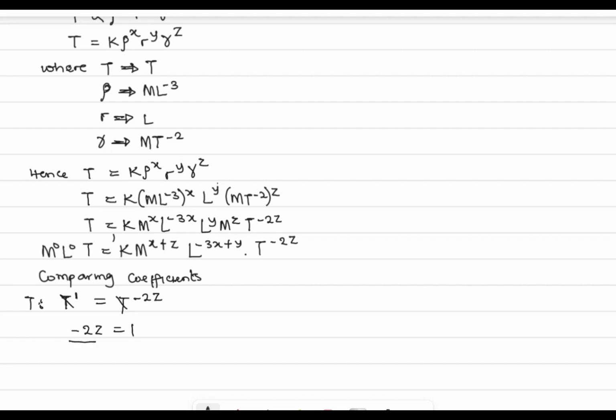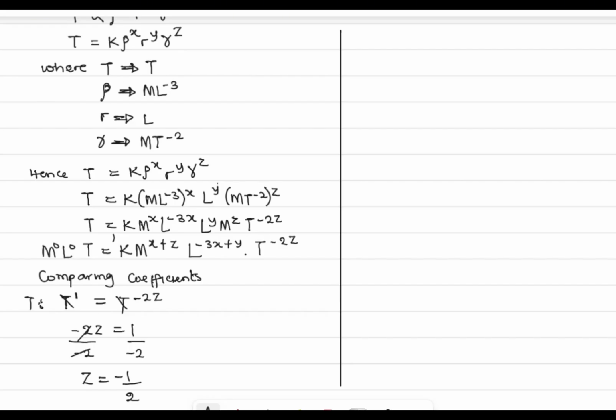And if we divide both sides by 2 now, we get that z is equal to minus 1 over 2. So let me divide my screen into 2. So let's proceed now.